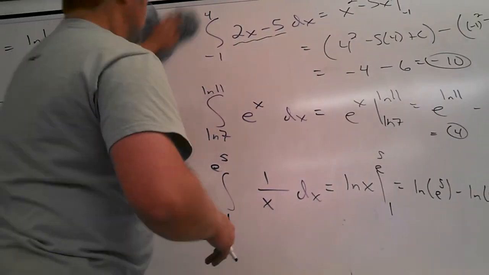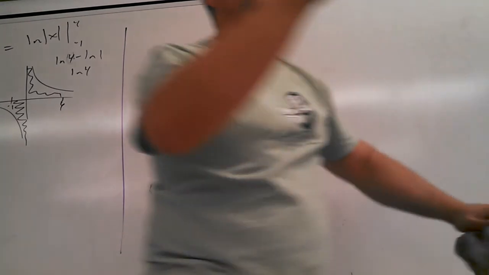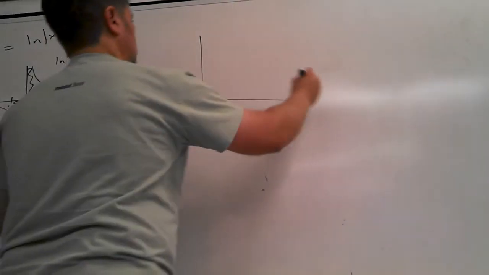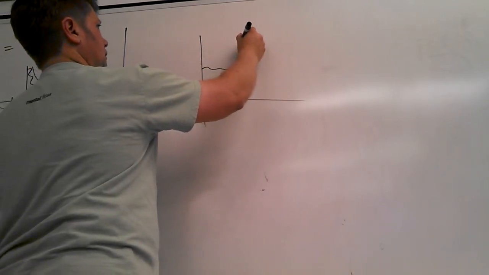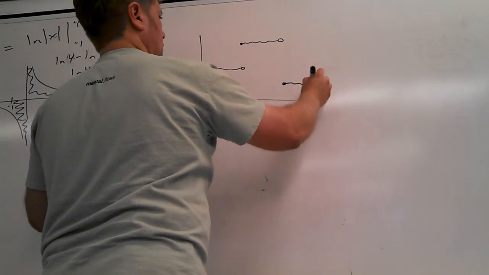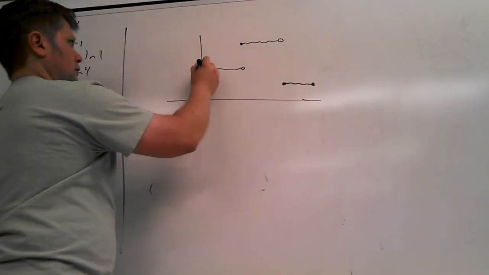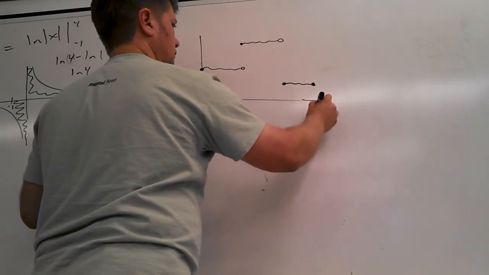One example of a type of discontinuity you could actually handle. If you had a function that did this, it's just like a little invisible wall for the area, and you want to go from 0 to whatever.